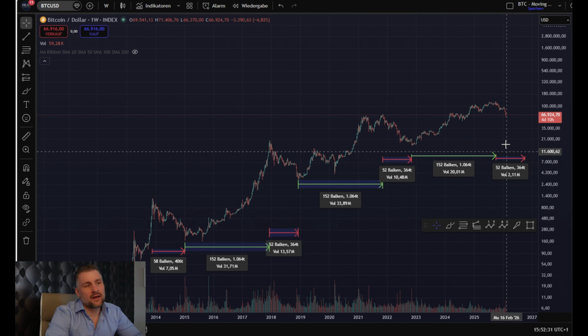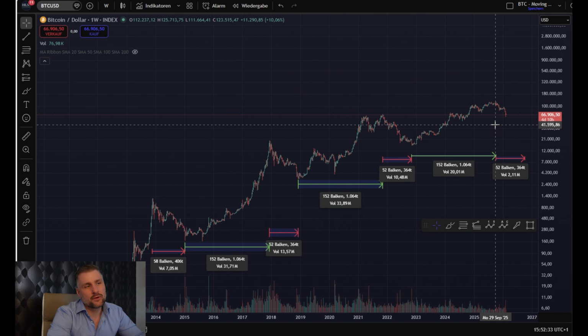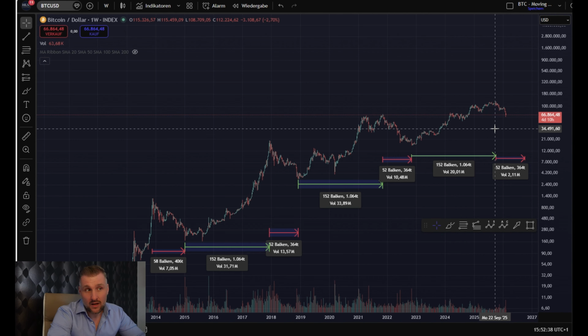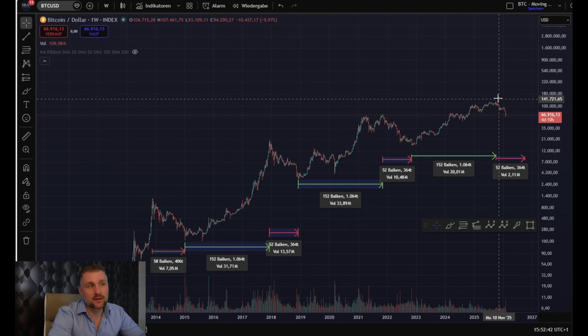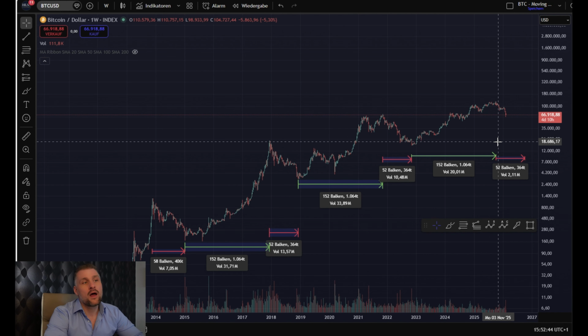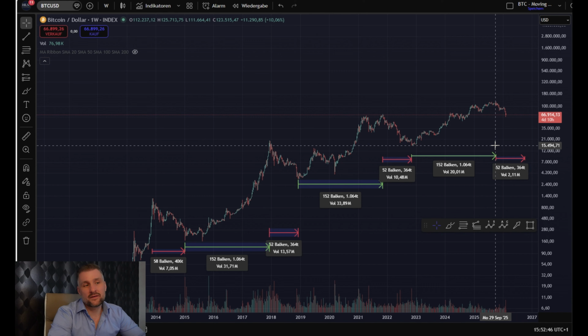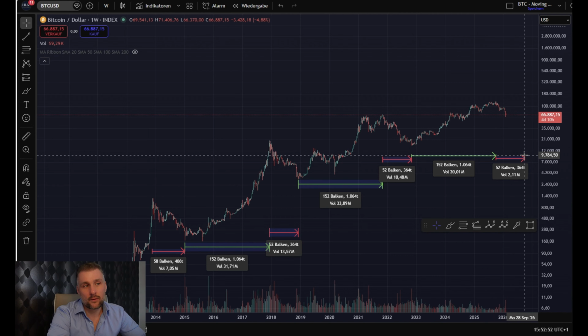The question is now, do we really enter the bear market here? Because that would mean, if we say yes, we are in the bear market and we topped here in October, and if history repeats itself, then we can assume that the current bear market will point towards the first week of October.